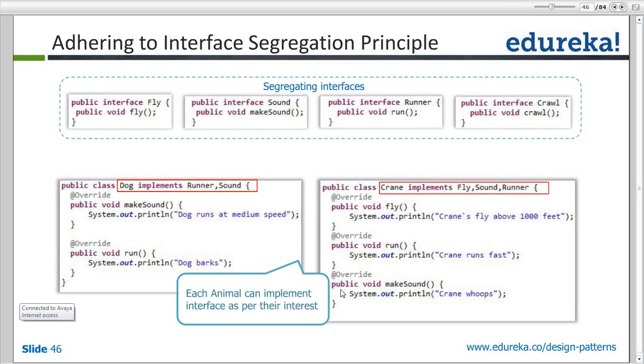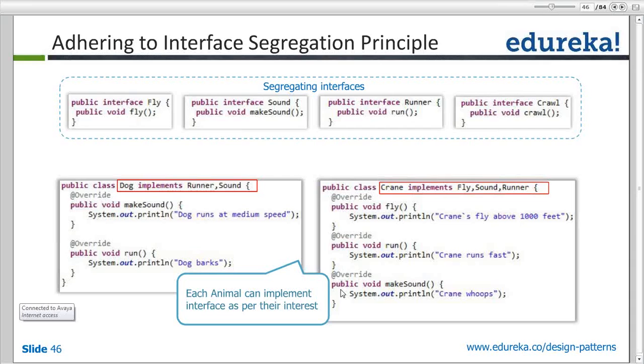What is the correct way of doing it? Here you go. You create the interfaces fly, sound, runner, and crawl, and then you implement those interfaces on the correct set of animals. For example, a dog can run and make sound. A crane can probably fly, run, and make sound.